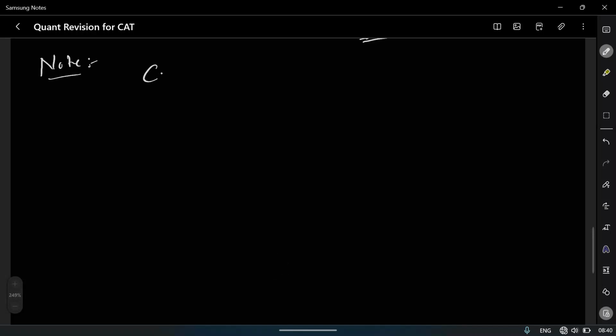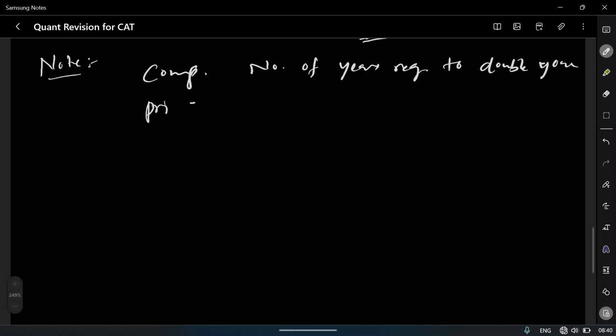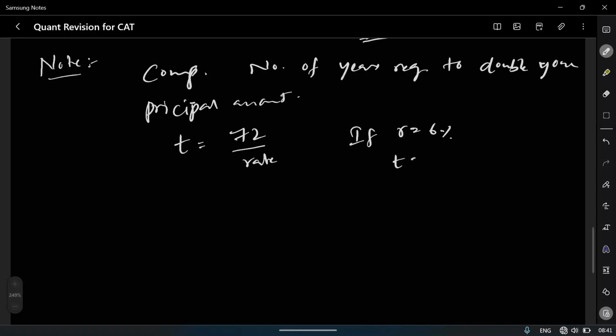In case of compounding, to find the number of years required to double your principal amount, the time required is 72 by rate. So if rate equals 6%, then time equals 12 years.